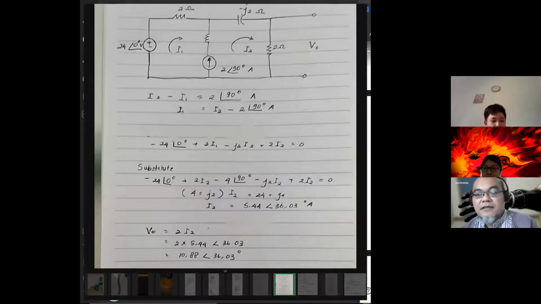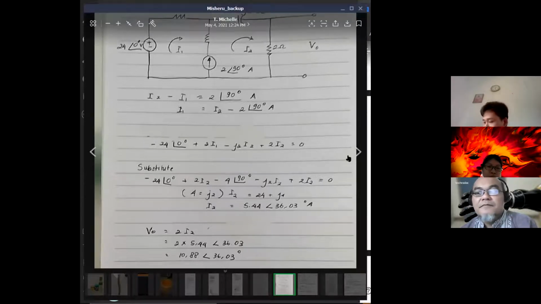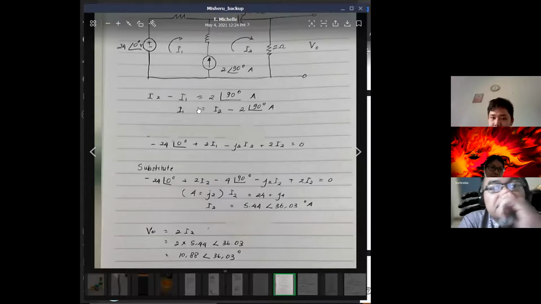So we use mesh analysis. From this circuit, we know that I2 minus I1 is equal to 90 degree ampere, and then we wrote it like this.